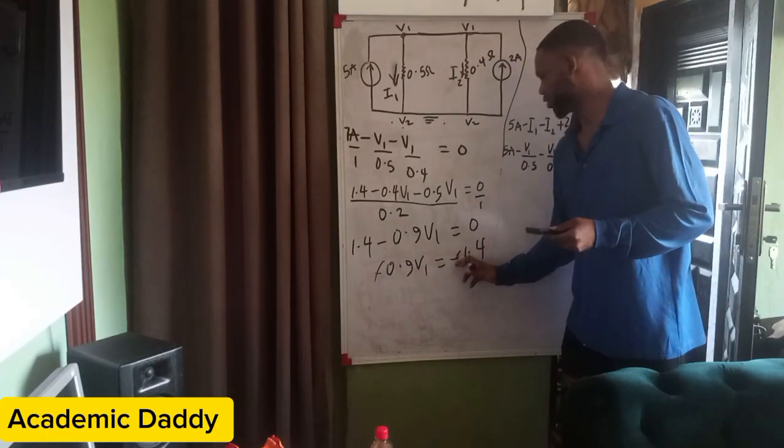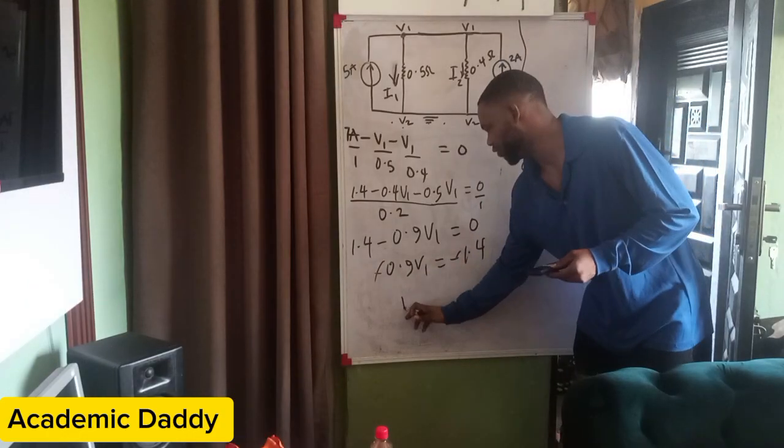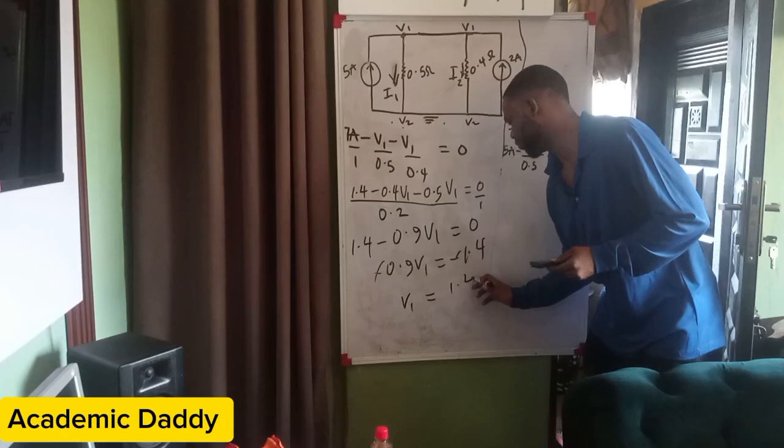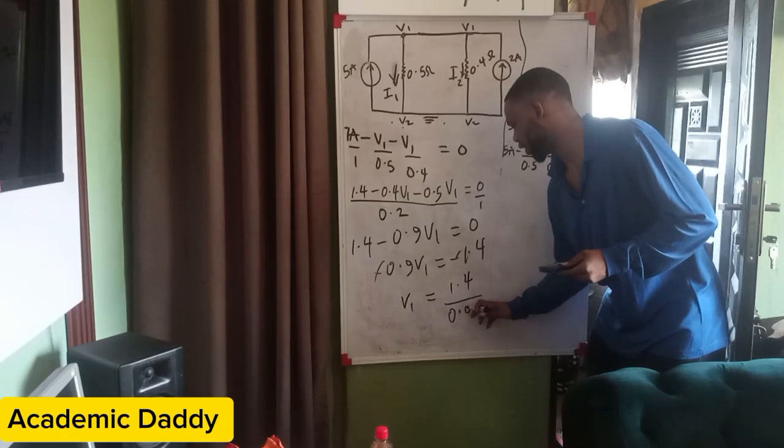So dividing by minus 0.9, V1 will be equal to 1.4 over 0.9.